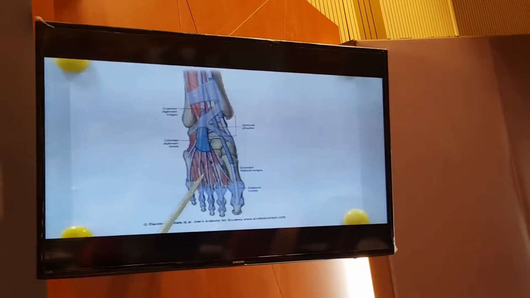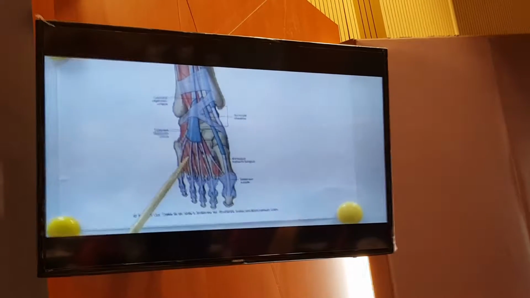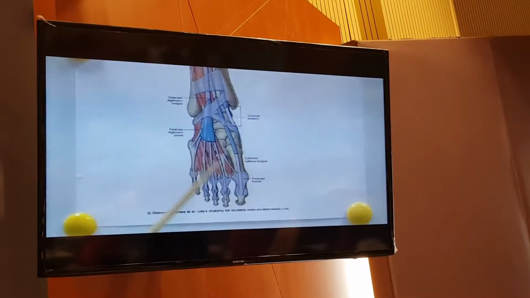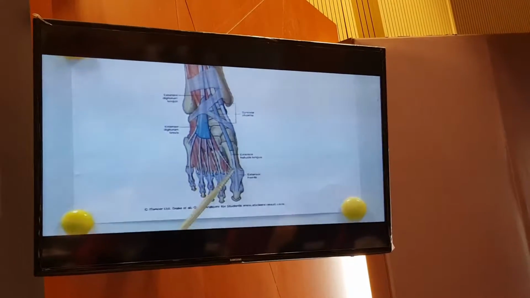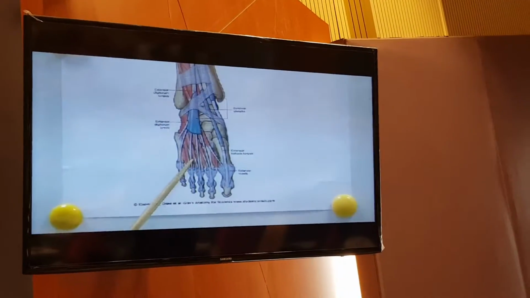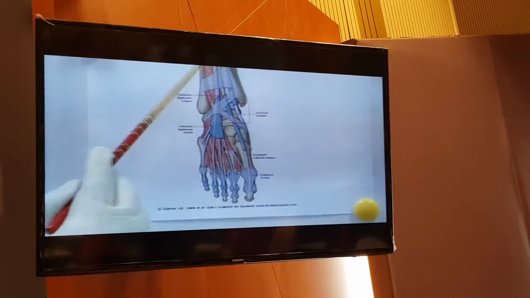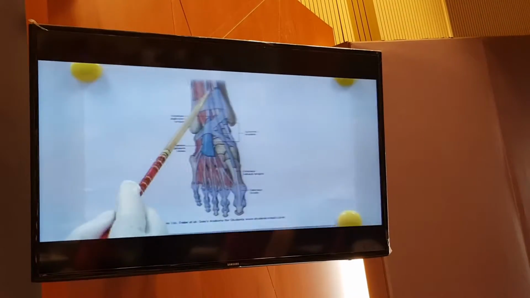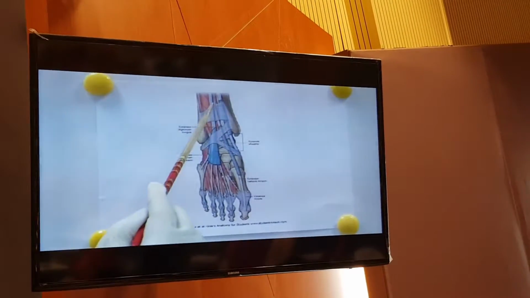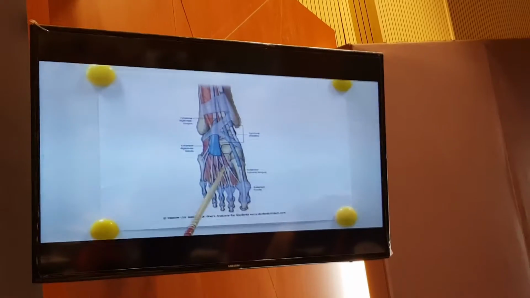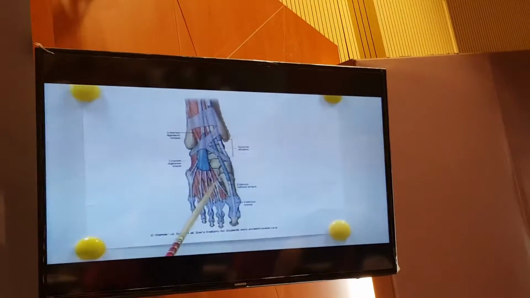These short muscles, extensor hallucis brevis and extensor digitorum brevis, are supplied by the same nerve which supplies the anterior compartment of the leg. That is the deep peroneal nerve, which will supply all these small short muscles on the dorsum of the foot.